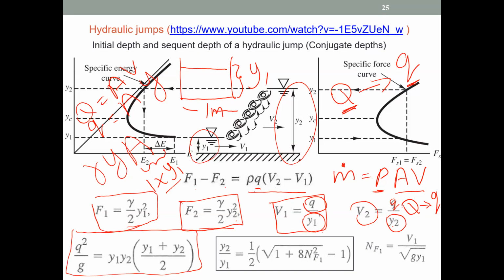So now we know that this one is the Froude number. It is in terms of the velocity and the depth, right? So the Froude number, if you calculate at the entrance, NF1, then you can substitute it like this. Bring this Froude number into this equation for Y1, right? Then you end up with this equation. See this equation now, what you have there.